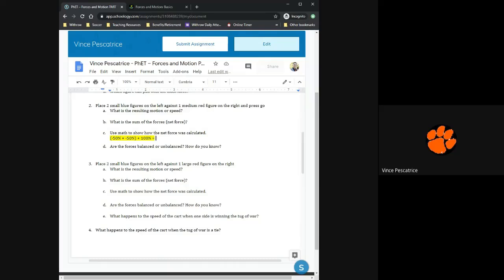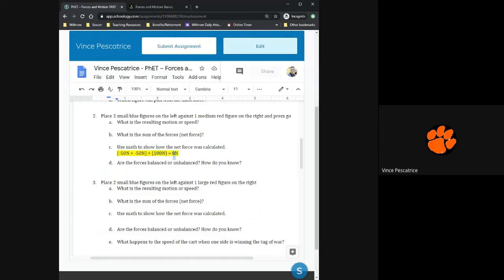Negative 100 plus positive 100 equals 0. So this is what I mean when I say show the math. Put in parentheses what's on the left side and what's on the right side. If it helps, I'm going to put them both in parentheses here. Over here is the left side of the equation, or the left side people pulling, and over here is the right side of where the people are pulling.